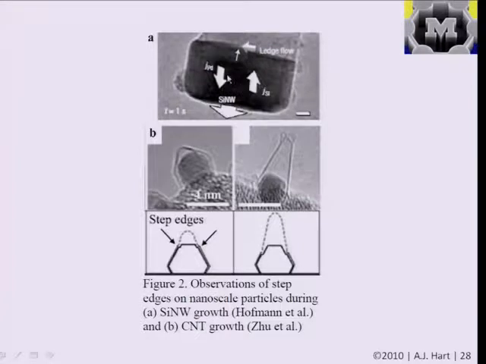And this paper discusses how the silicon precursor comes from silane, SiH4, and the silane loses silicon into the particle, and once this particle becomes supersaturated, you have diffusion of silicon, represented by this JSi, in the particle into this interface, and you have diffusion of palladium away from the interface, and the nanowire actually grows by this ledge flow method, where you form layers of atoms of silicon that move across and across sequentially, and you build the nanowire one layer at a time.